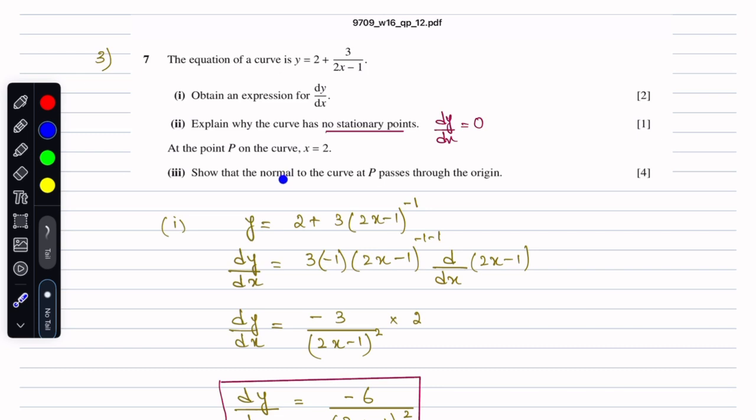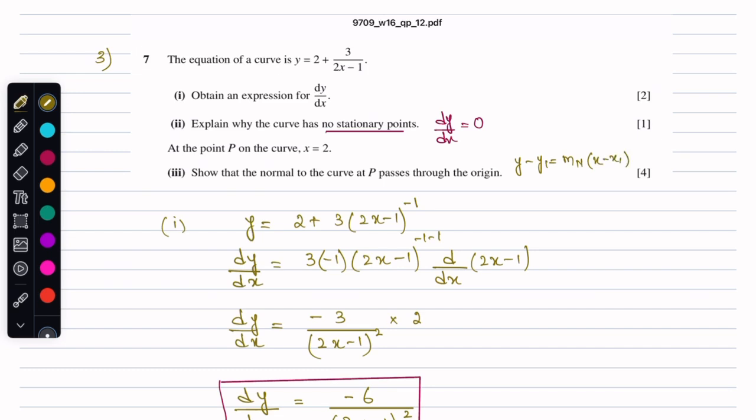So this normal passes through the origin, which means first I should have the normal equation. To get the normal equation, they have given us the x, which is 2. And to have the normal equation, we should know that it is y minus y1, which equals the gradient of the normal times x minus x1.